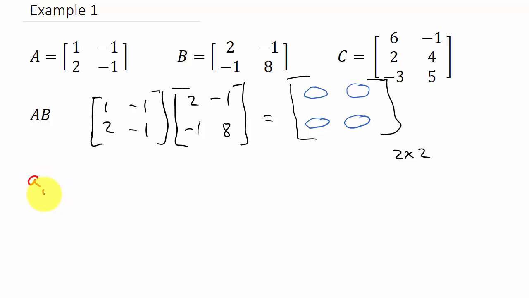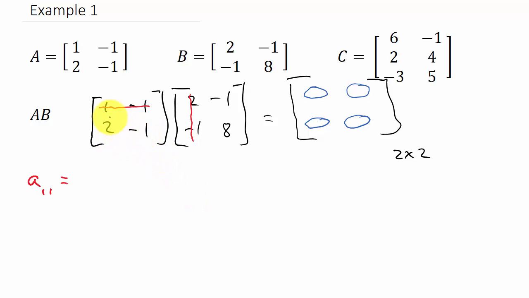But we're going to put subscript 1, 1. That means first row, first column. And we do exactly what it says. We multiply the first row times the first column and add up the results.